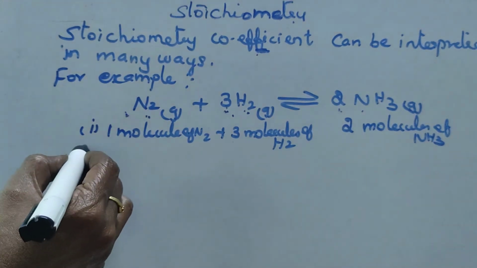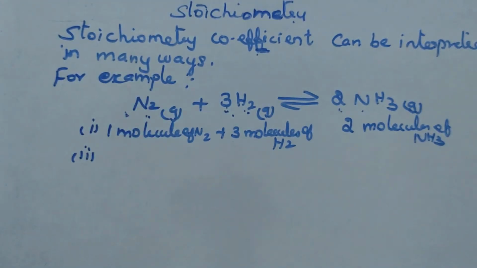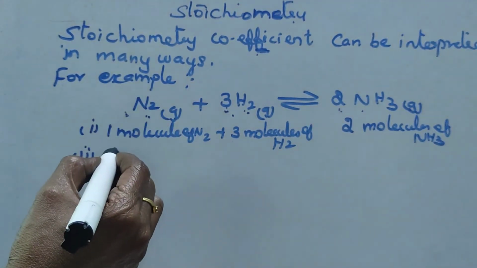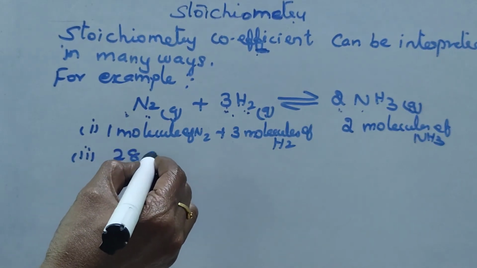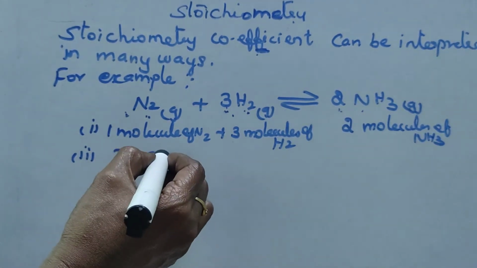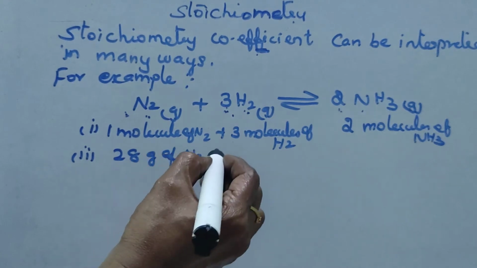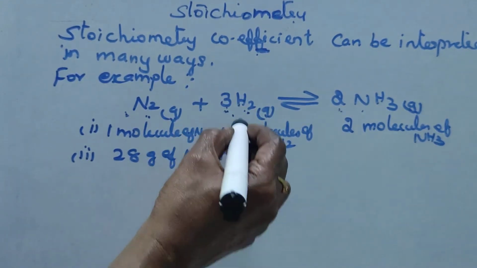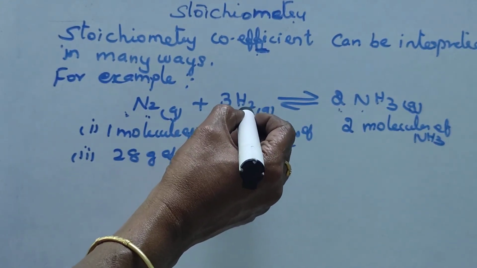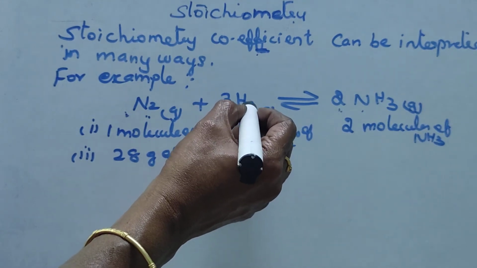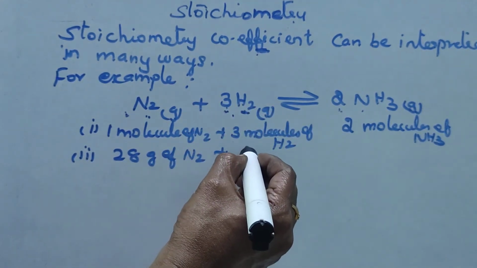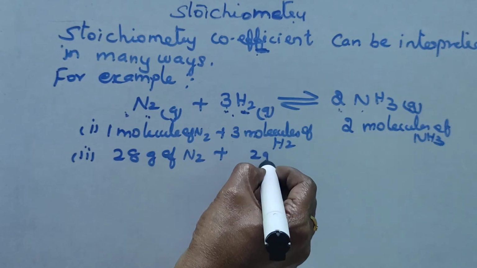Second, we will take in the form of molar mass. Nitrogen, its molar mass is 28 gram. So 28 gram of nitrogen combined with molar mass of 1 molecule of hydrogen is equal to 2 gram.